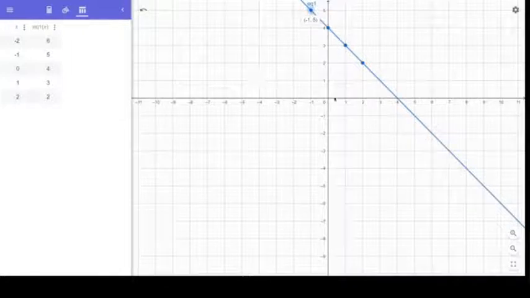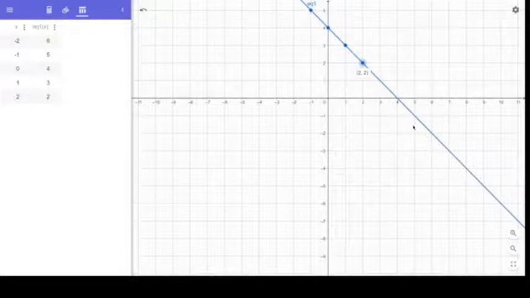When x equal to 0, the point is 0, 4. When x equal to 1, the point is 1, 3. When x equal to 2, the point is 2, 2. Y's value becomes 2. Last year I taught you thoroughly how to draw the graph, so I know all of you know how to do it. That is why I'm not explaining it here.